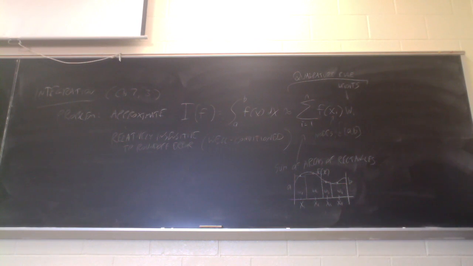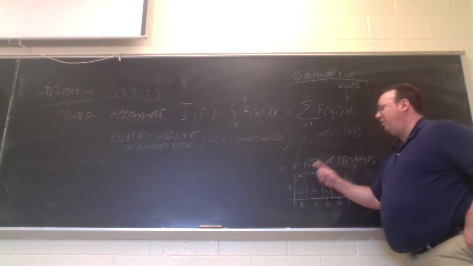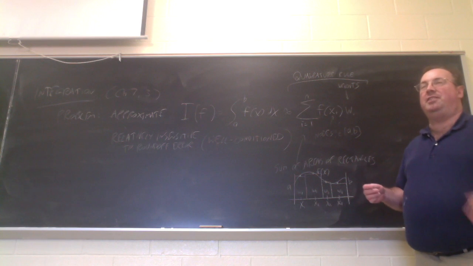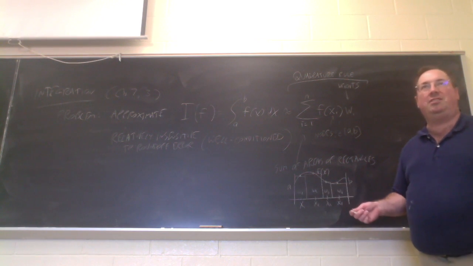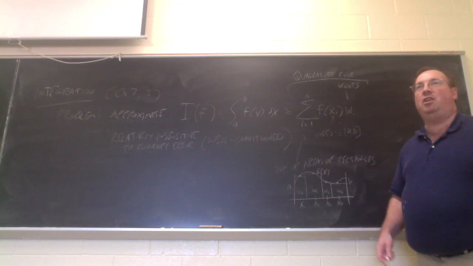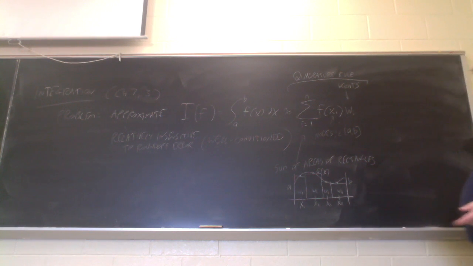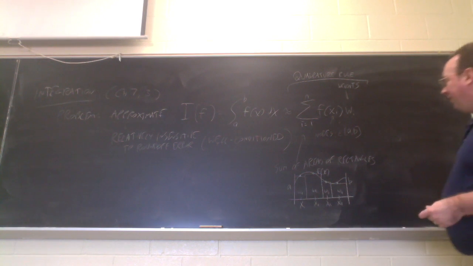So you can think of a quadrature rule as a Riemann sum with n rectangles, but in Calculus 2, the heights were chosen by certain uniform methods, like using left endpoints or right endpoints or midpoints. We're not even going to talk about using left endpoints or right endpoints because they're so awful in terms of accuracy. They're not worth discussing.